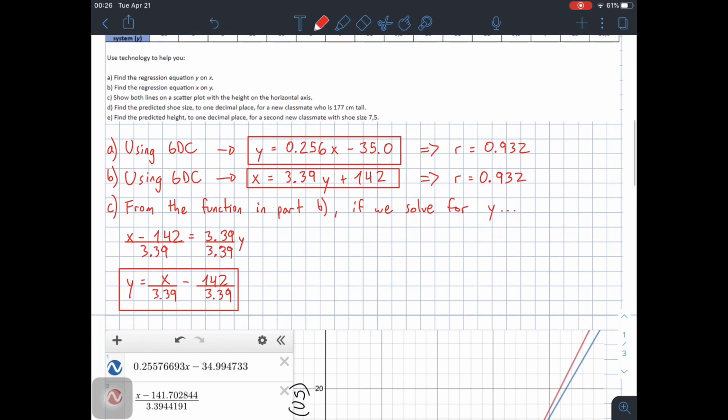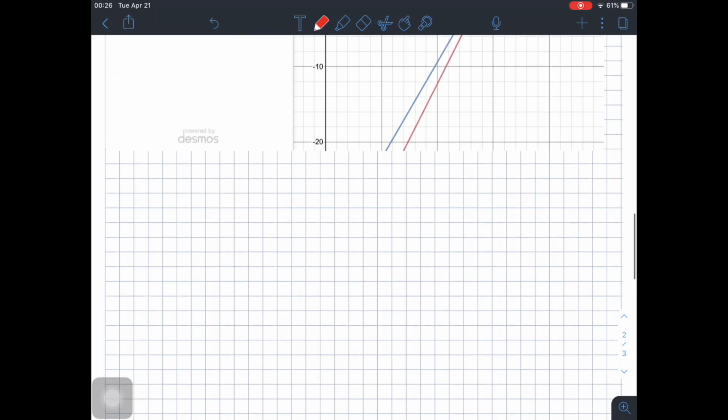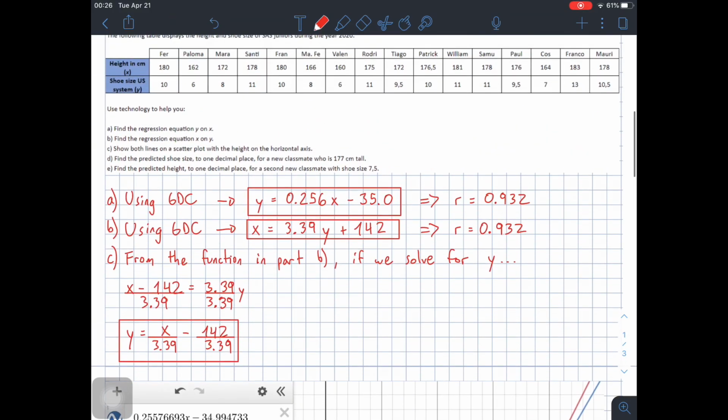Okay, so let's go on with part D of the problem. It says, let me write that here. For part D, it says find the predicted shoe size. Remember, shoe size is our y variable, to 1 decimal place for a new classmate who is 177 centimeters tall.